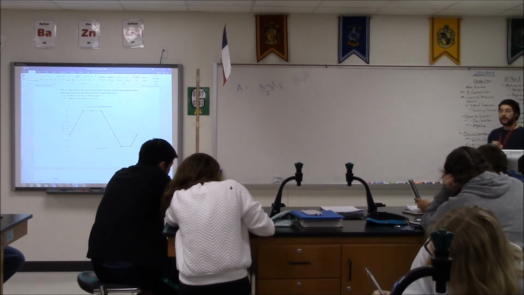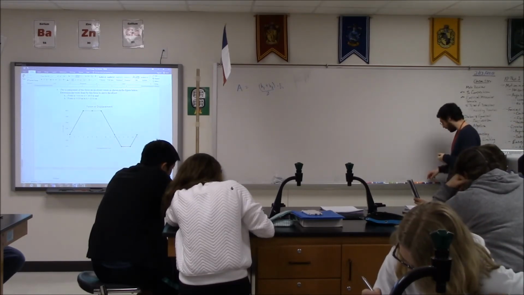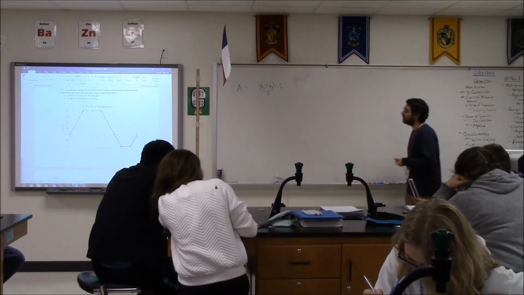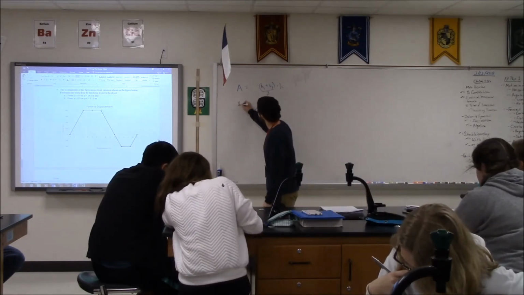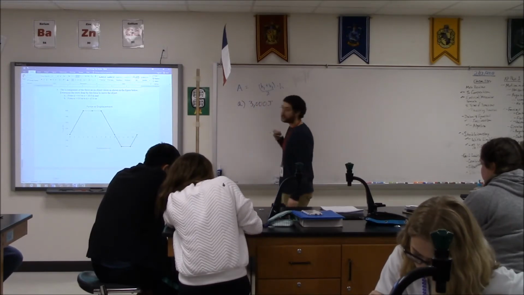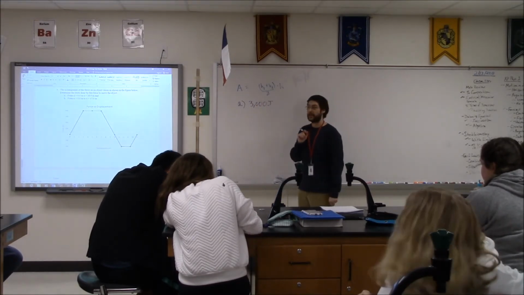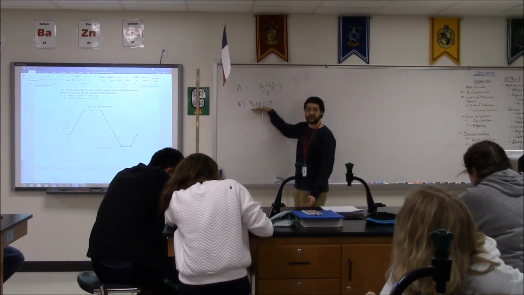Alright, you got it? Or at least the letter A? Okay, so what's the work done from 0 to 10? 3,000 joules. Alright, so letter A is 3,000 joules. Y'all agree? And since that's above the 0 line, this is a positive work done.